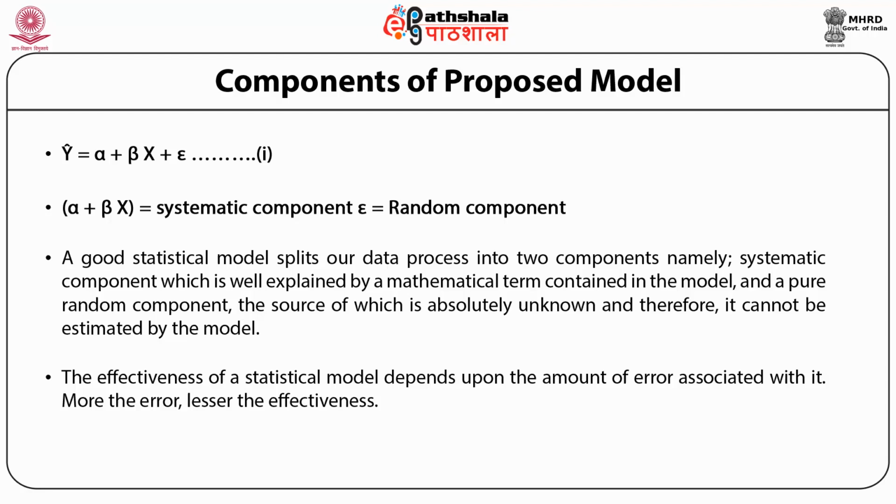Components of the proposed model. In the proposed model, we can see there are two main components, systemic component and random component. The systemic component is shown by a very clear mathematical relationship, alpha plus beta x, and can be calculated with certainty, and alpha is the random component, the source of which is not known, and it cannot be estimated by our proposed regression model.